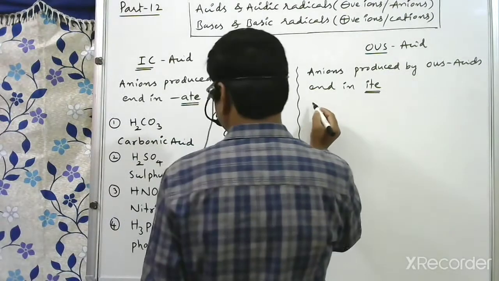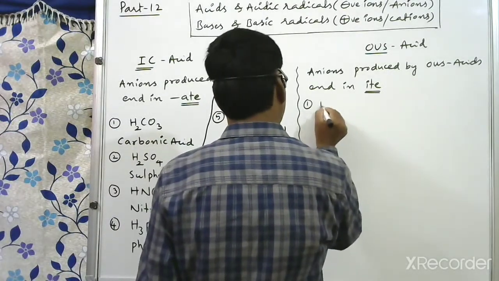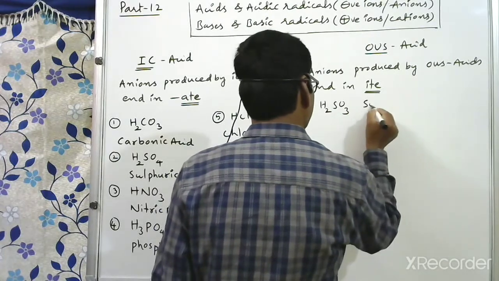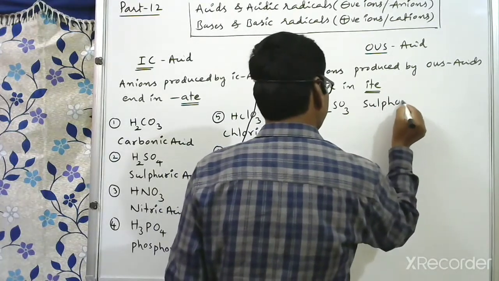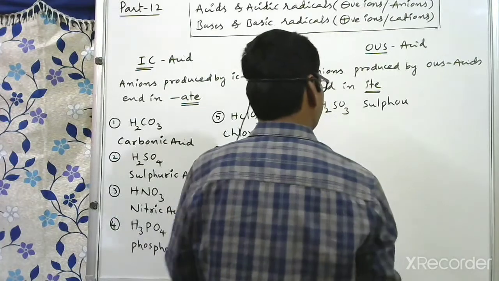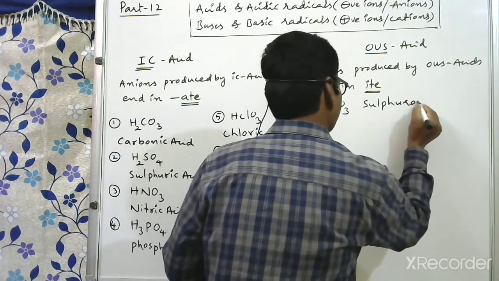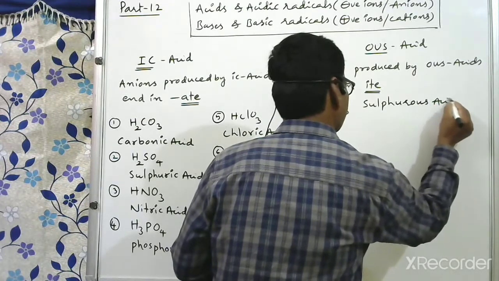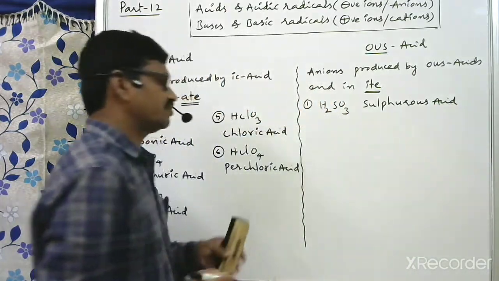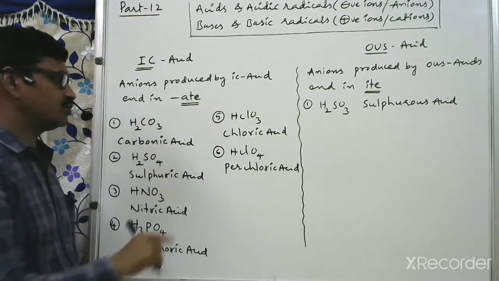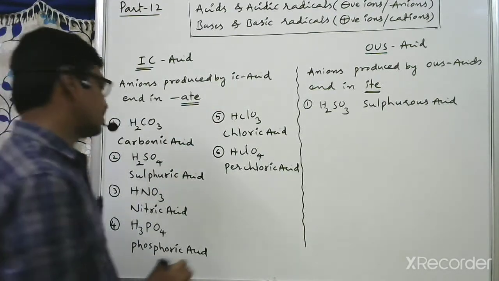Then here H2SO3. This is sulfurous acid. H2SO4 is sulfuric acid, H2SO3 is sulfurous acid.